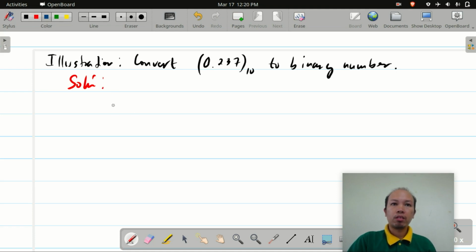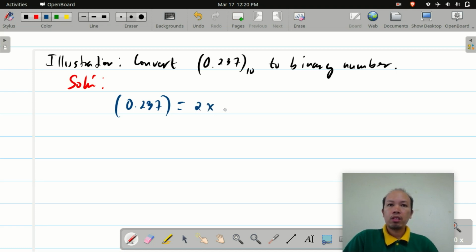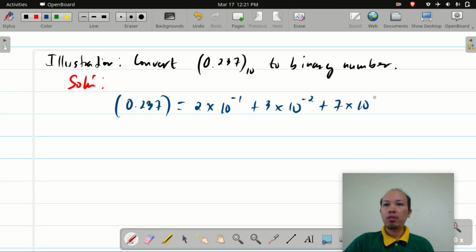Just like before, we have 2 times 10 to the negative 1 plus 3 times 10 to the negative 2 plus 7 times 10 to the negative 3.